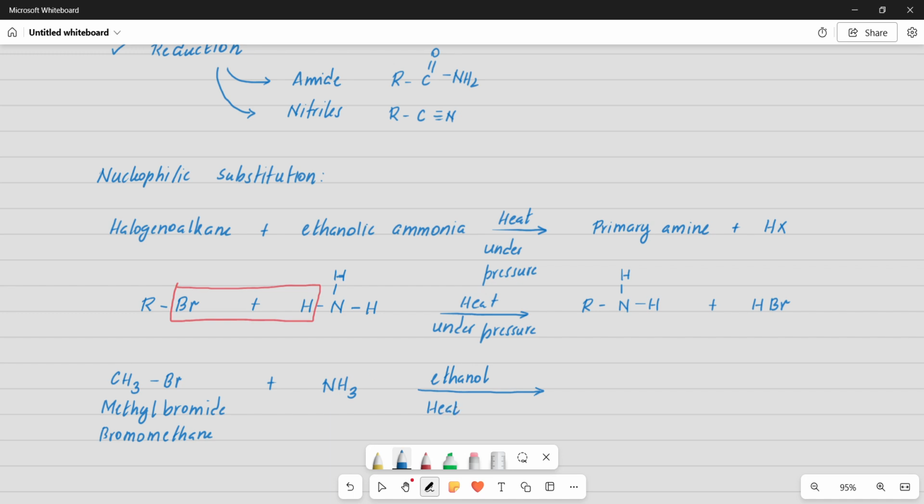You do heating and you use pressure, so you will get CH3NH2. This is methylamine, and hydrogen bromide.